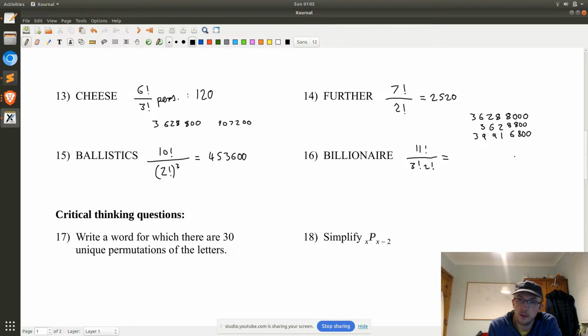So first I'm going to divide it by 2. 19,958,400, and then divide that by 6.